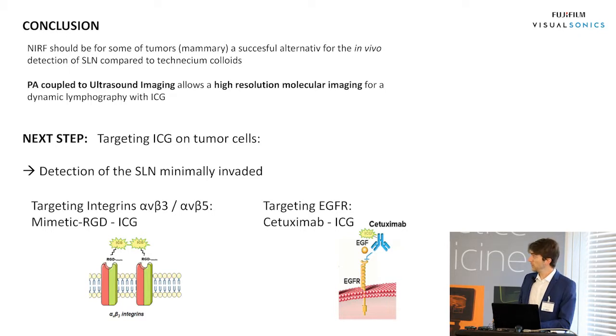So the next step will be targeting ICG on tumor cells in order to detect the invasion of the lymph nodes. So we would like to use RGD mimetic labeled with ICG targeting integrins alpha V beta 3 and alpha V beta 5. And we also would like to use cetuximab labeled with ICG targeting EGFR.